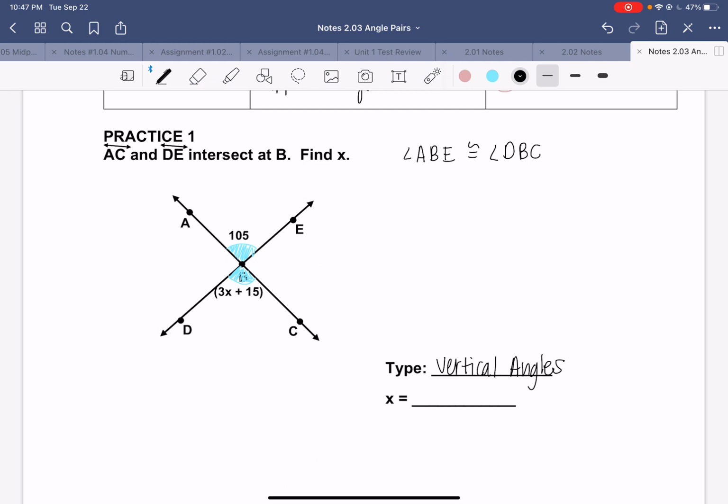So ABE was 105 degrees, and we set it equal to 3x plus 15. Now we solve for x. We're going to subtract the 15.